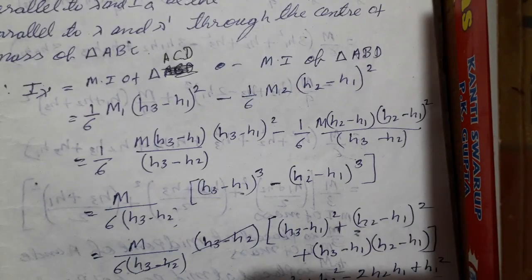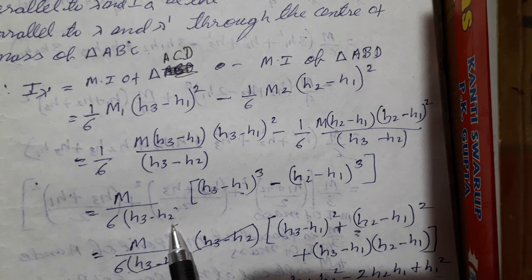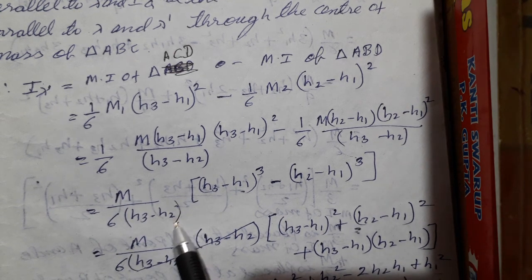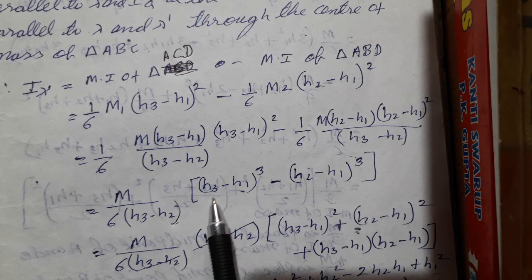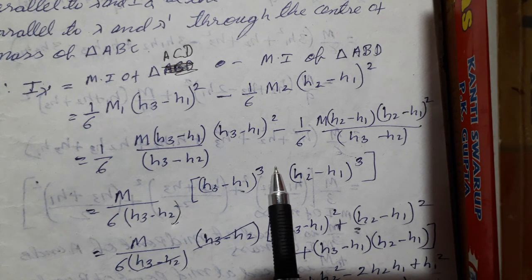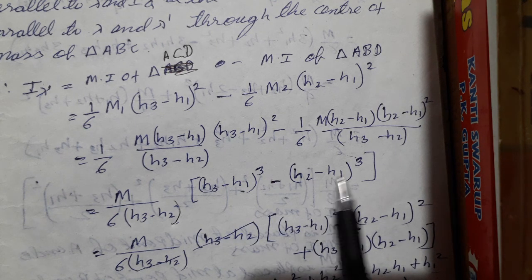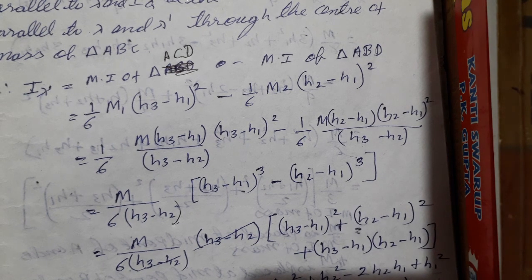If we substitute here, we can take m by 6 (h3 minus h2) common, and what is left is (h3 minus h1) whole cube minus (h2 minus h1) whole cube. So we are going to use the formula a cube minus b cube.